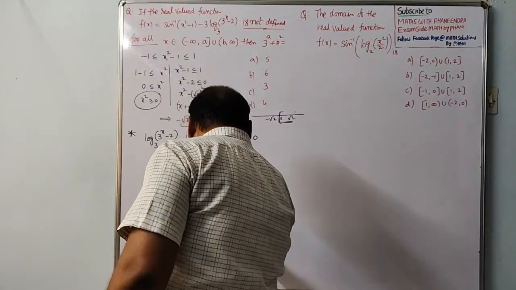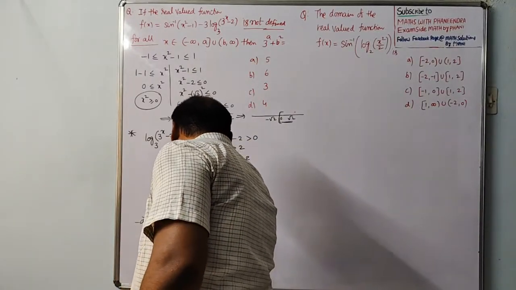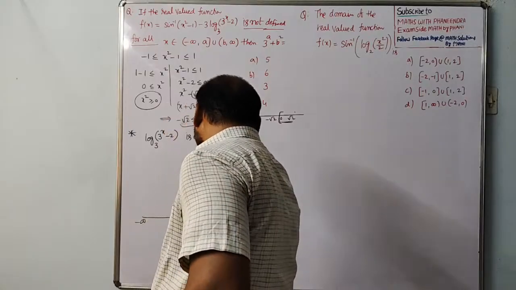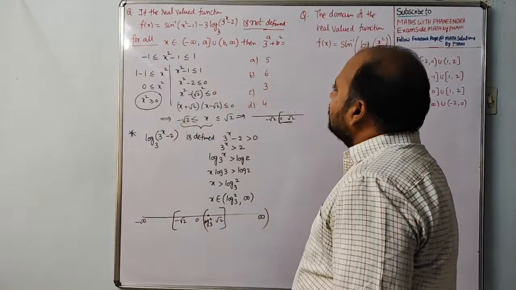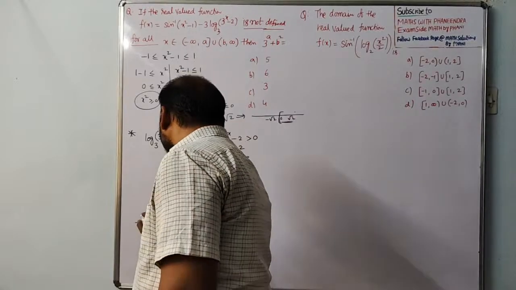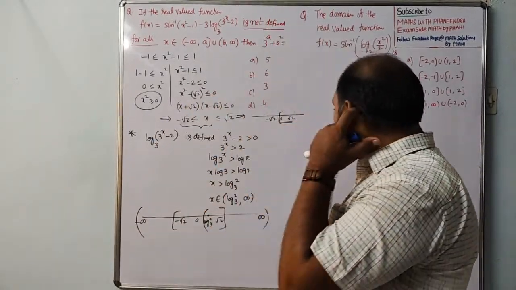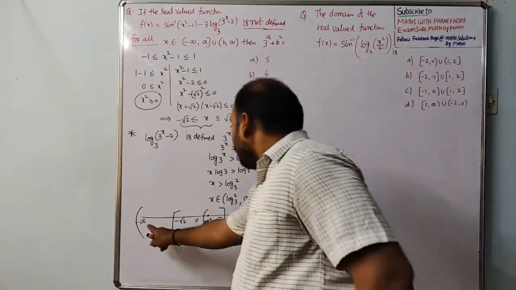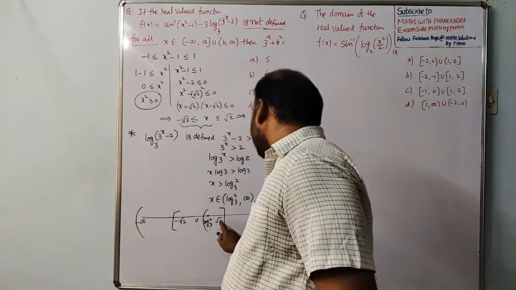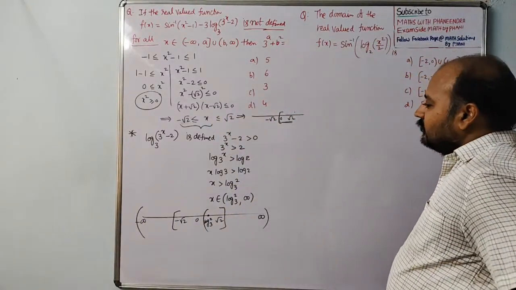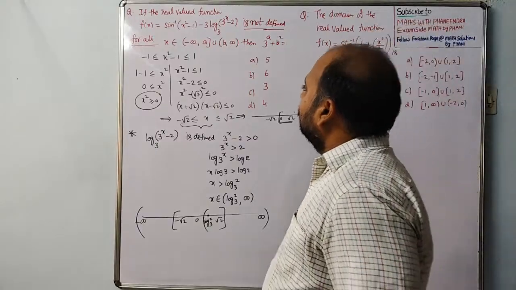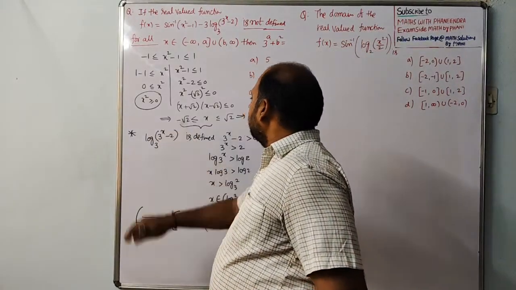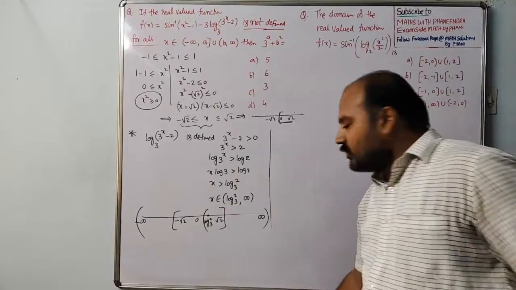According to this, we can write like this now. So from this, what can we conclude? From here to here and from here to here.